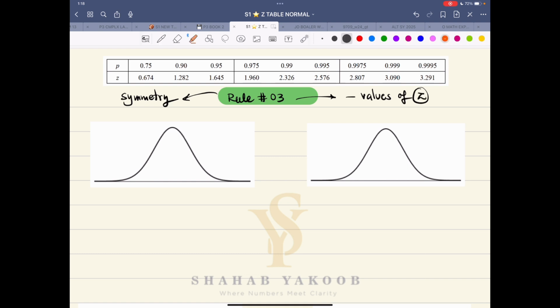For example, if I draw this vertical line over here and then draw a vertical line over here, and let me mark a value over here as a and somewhere over here as negative a. This is 0, this is a, this is 0, this is negative a.